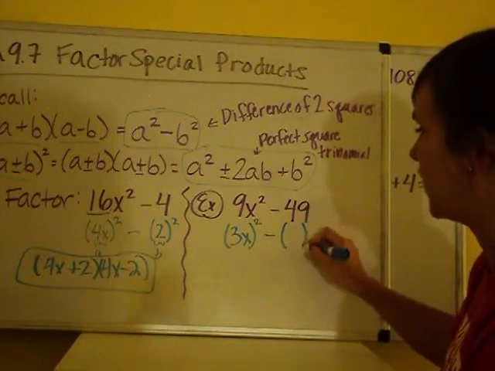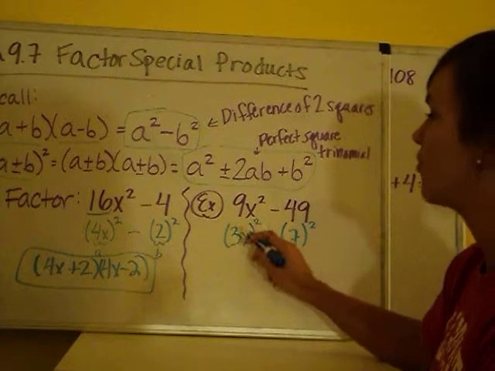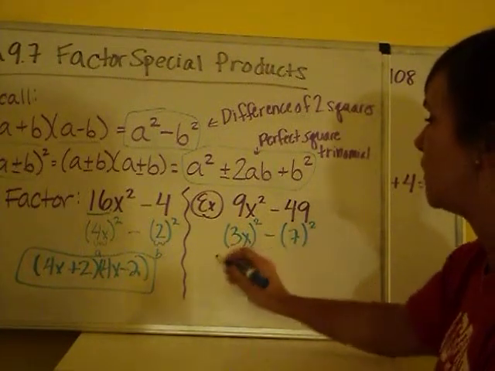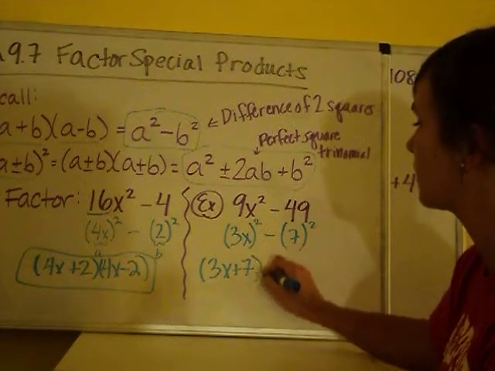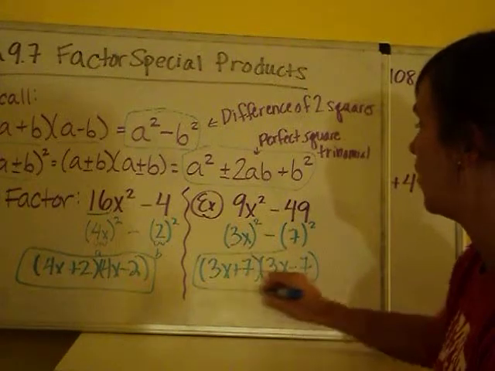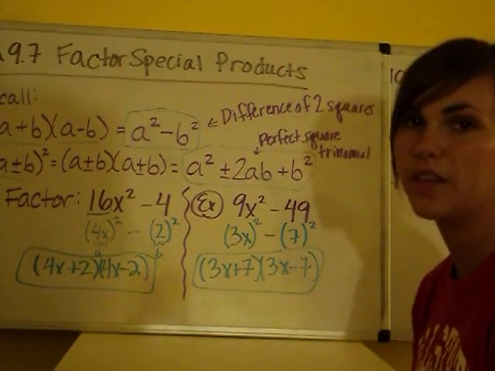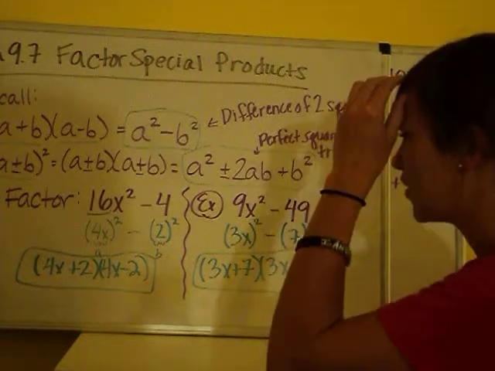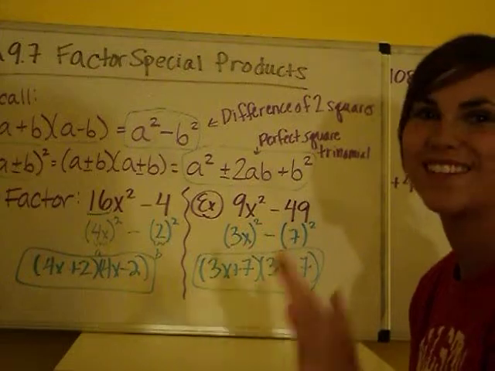Then what do I square to get 49? I square 7. Okay, so 3x is my a and 7 is my b, so I know that this is going to be 3x plus 7, 3x minus 7. Okay, and you can do your plus minus in whatever order as long as you have one that's addition and one that's subtraction, so that that middle term cancels and you get the difference of two squares, excuse me.